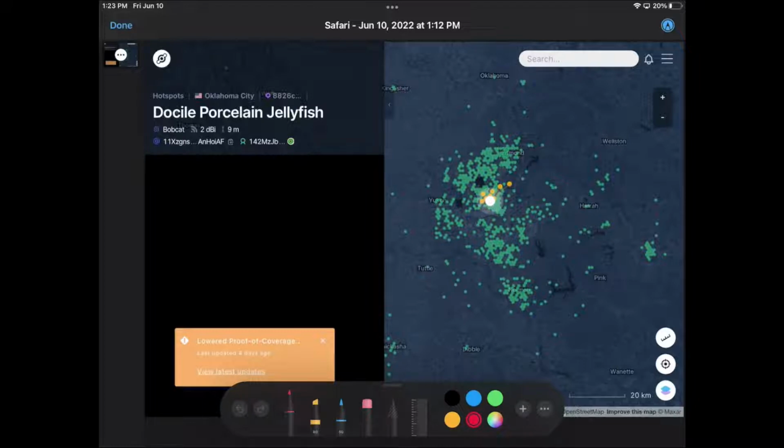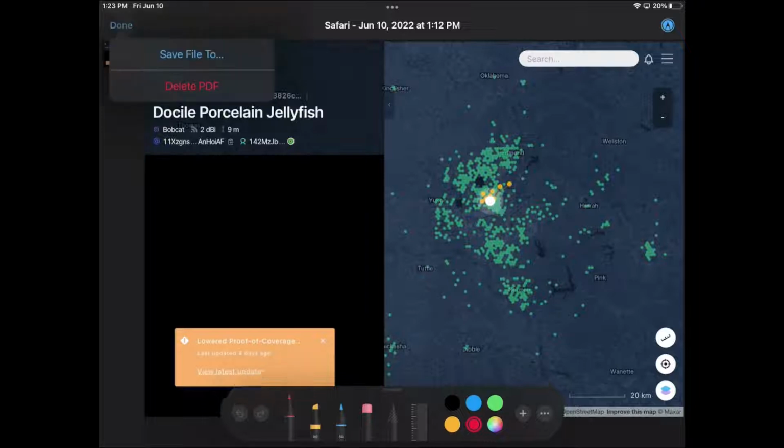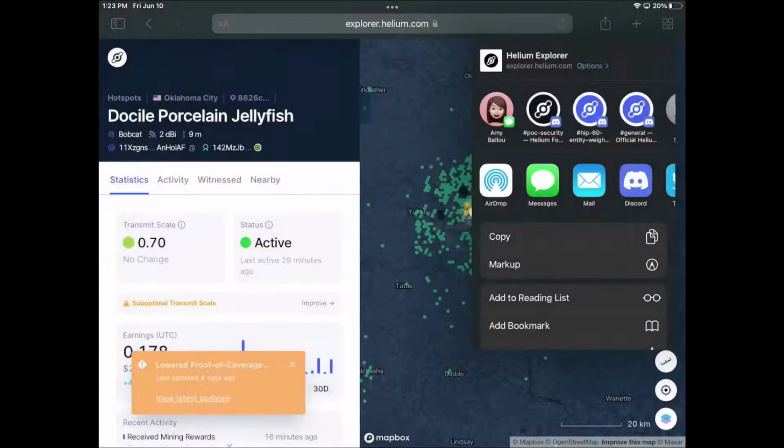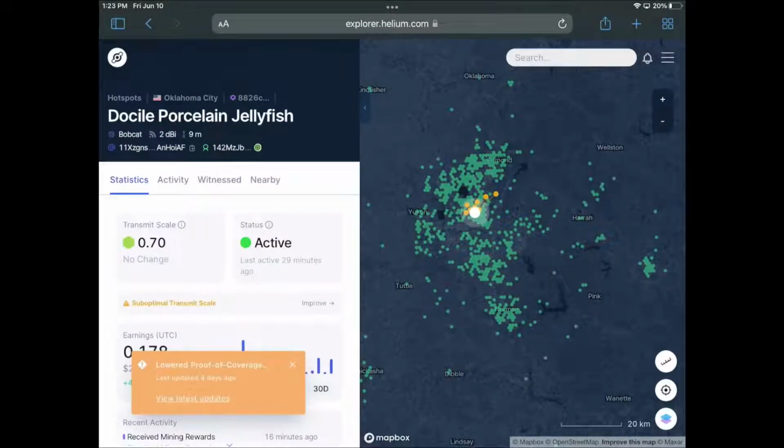Oh, goodness. Okay. So as we were talking about, I'll just kind of start this back from the beginning here. Okay. So we're zooming in on directional antennas.